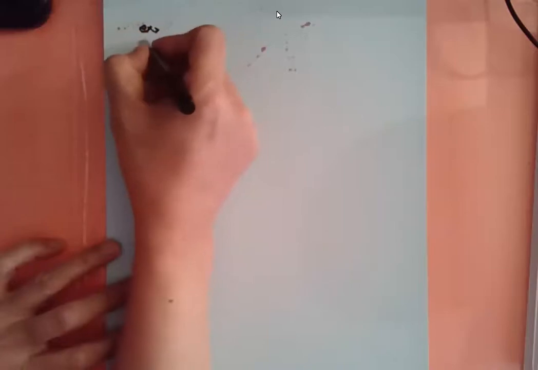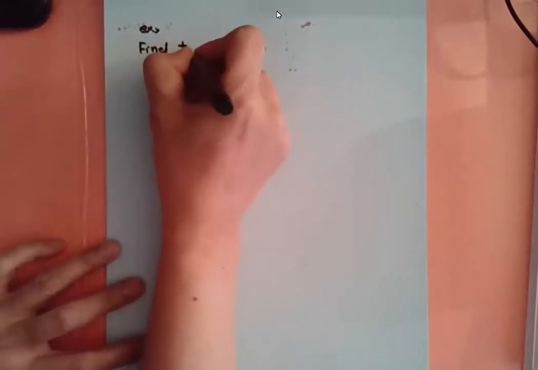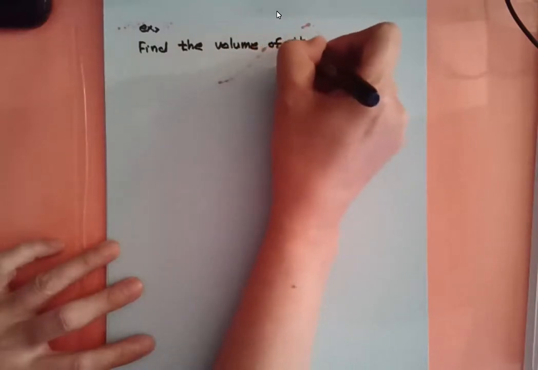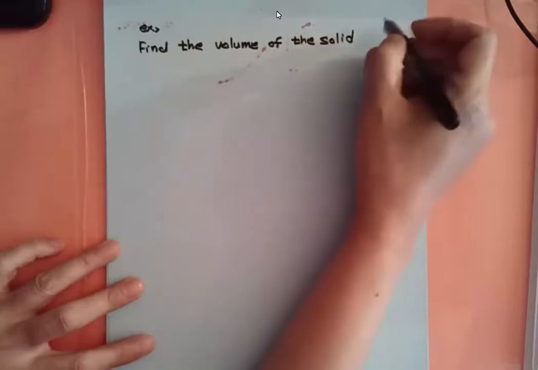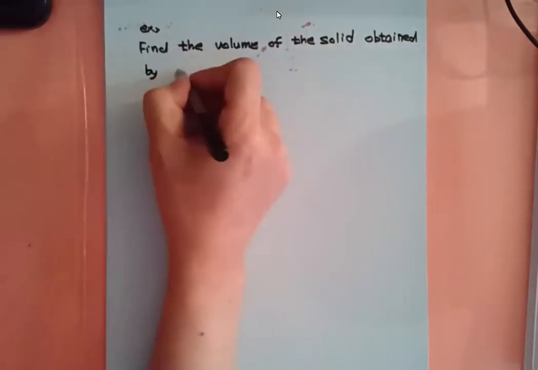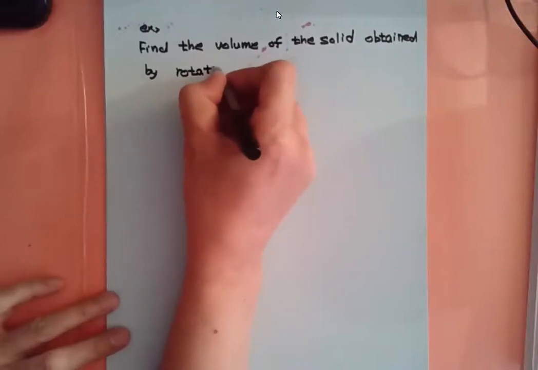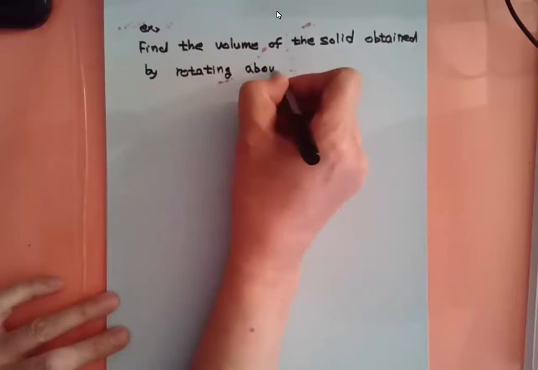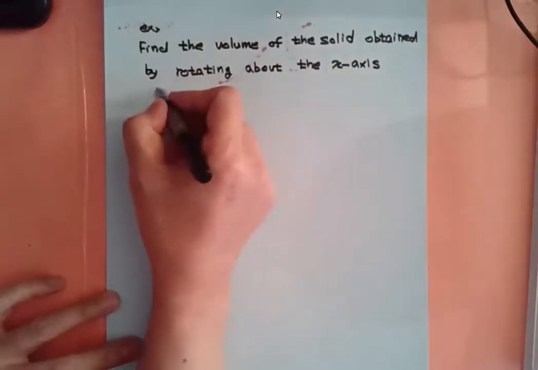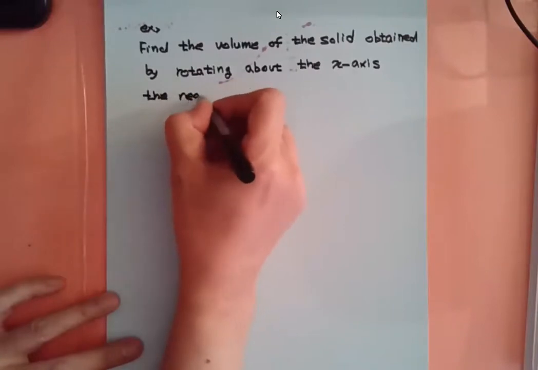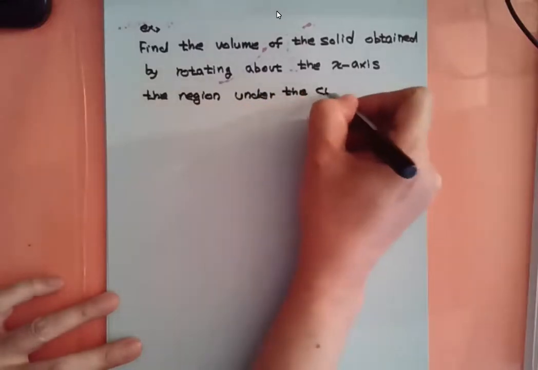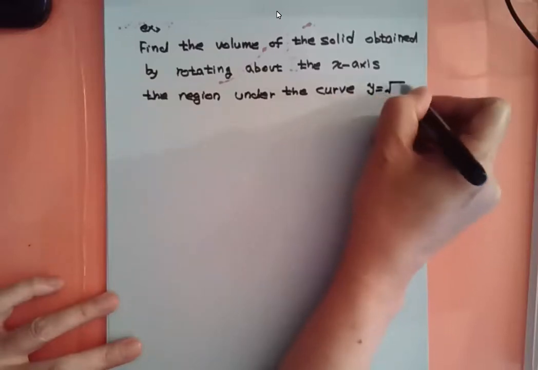The first problem is: find the volume of the solid obtained by rotating the region under the curve y equals square root of x from 0 to 1 about the x-axis.